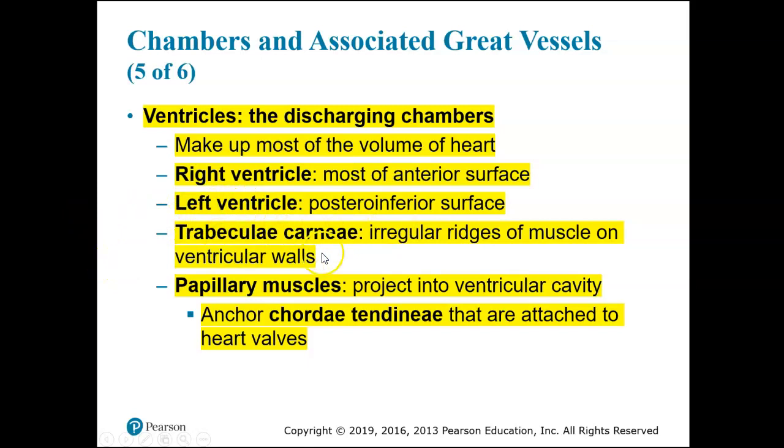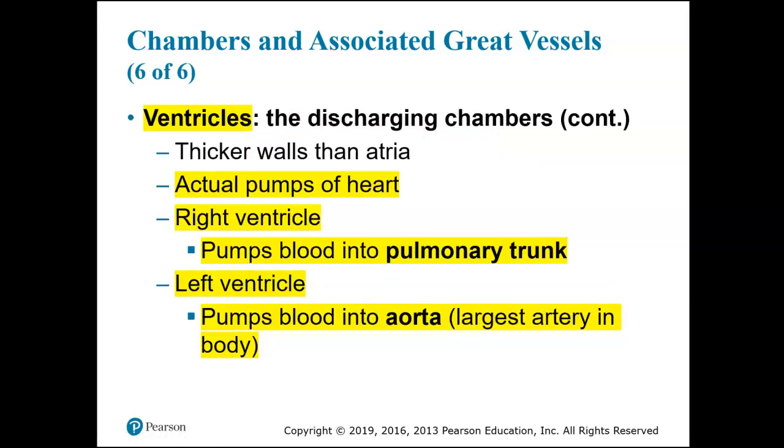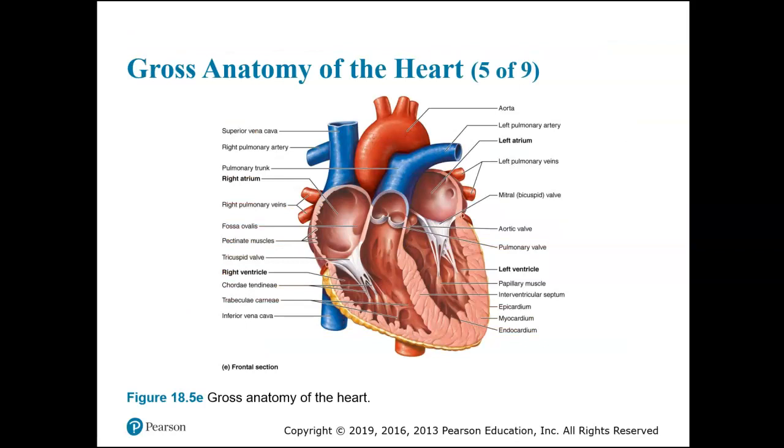The trabeculae carneae are irregular ridges of muscle on the ventricular walls, and papillary muscles anchor the chordae tendineae, or heartstrings, that attach to the heart valves. The ventricles are the pumps of the heart. The right ventricle pumps blood into the pulmonary trunk so that it can take that blood to the lungs. The left ventricle pumps blood into the aorta, which is the largest artery in the body.